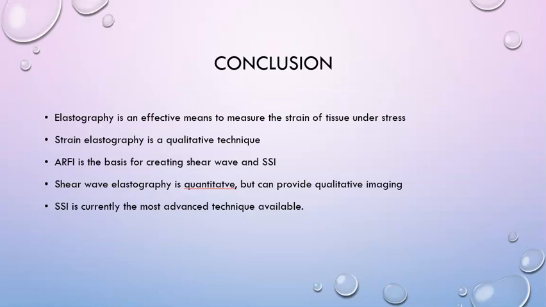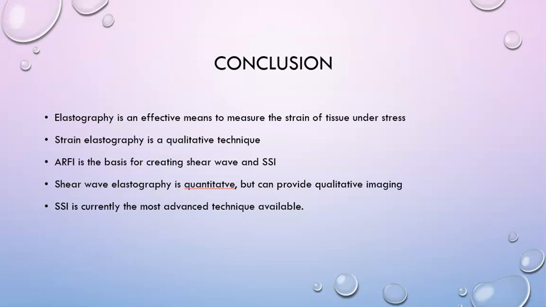So our conclusion is that elastography is an effective means to measure the strain of tissue under stress. Strain elastography is a qualitative technique, but we need quantitative techniques in order to do certain diagnosis with it.